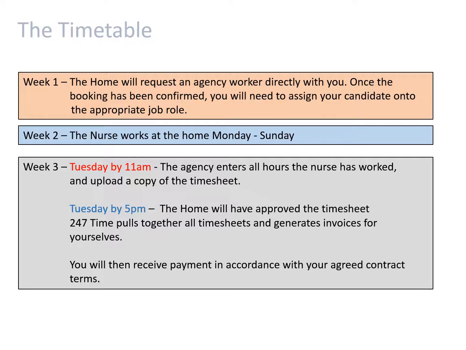But that's your ultimate deadline: you must get that previous week's activity in there by Tuesday at 11, because after that is when the home approvers will go in and look at the timesheets and say, yes, I'm happy with those candidate hours, I will approve them.